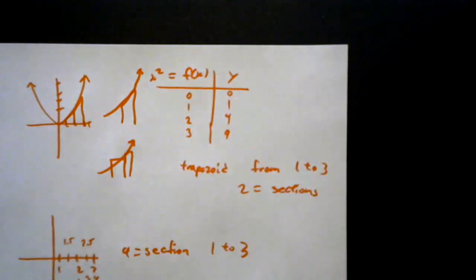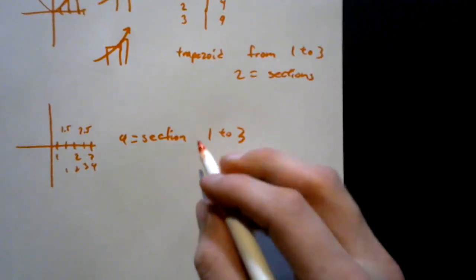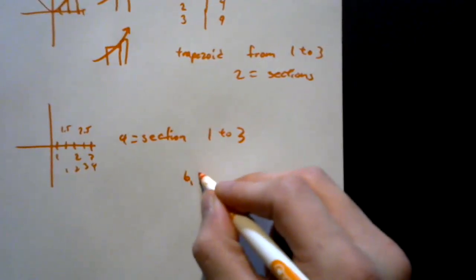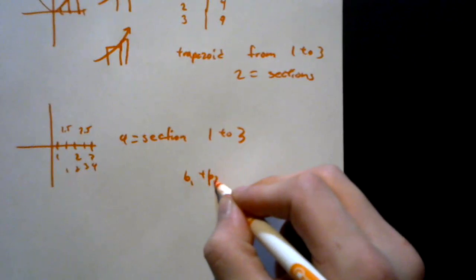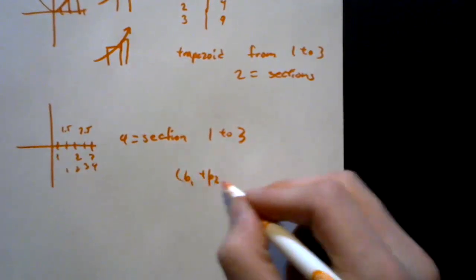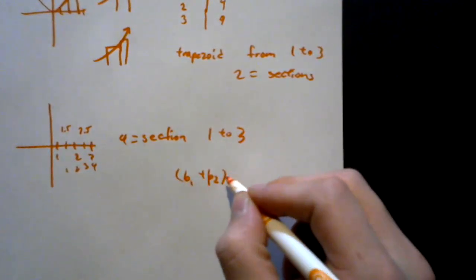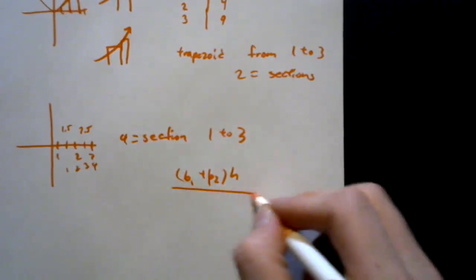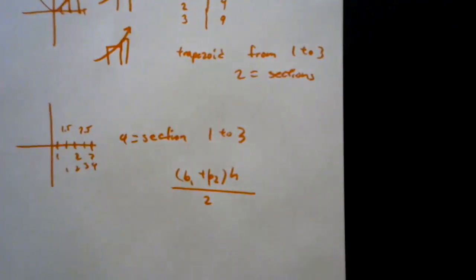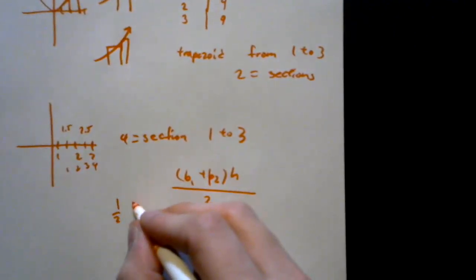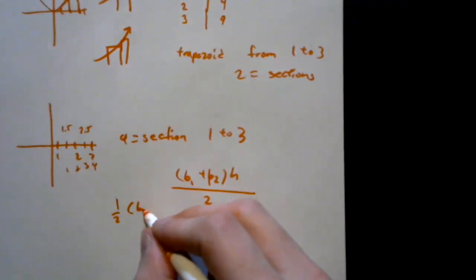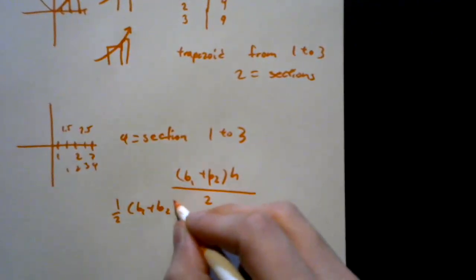You have to know 2 heights, because the area of a trapezoid, if you remember, is base 1 plus base 2, times the height over 2, or just half both bases added together times the height.